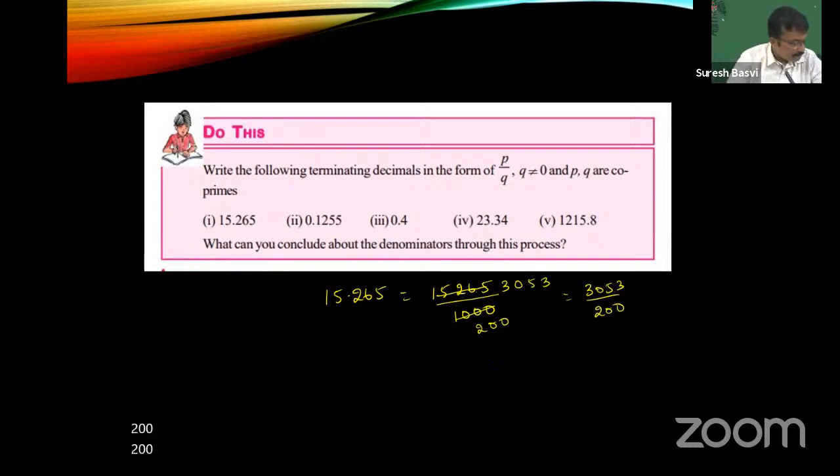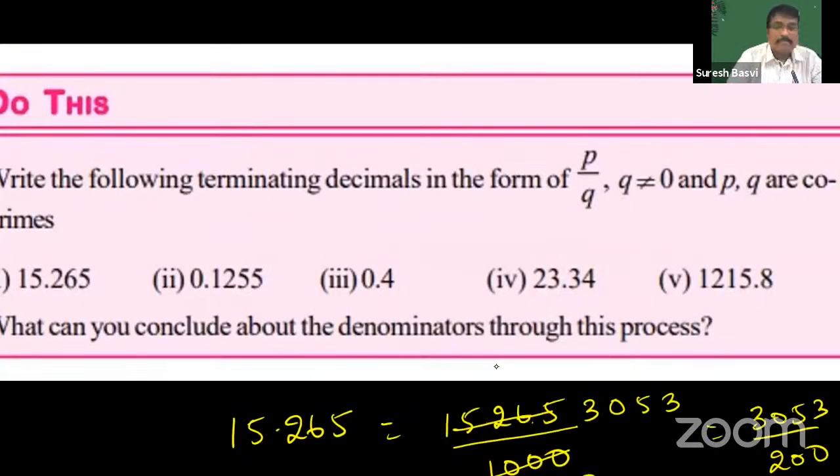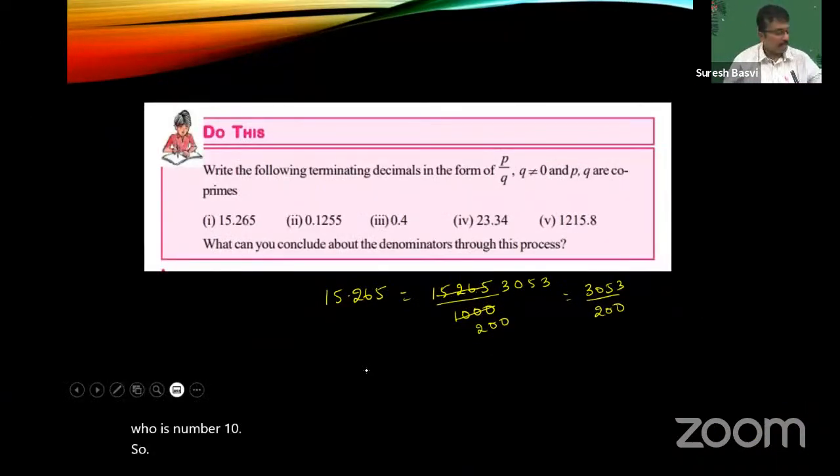Page number 10. Okay. 5 3s are 15, here 0 is there, 5 5s are 25, 1 is there, 5 3s are 15.